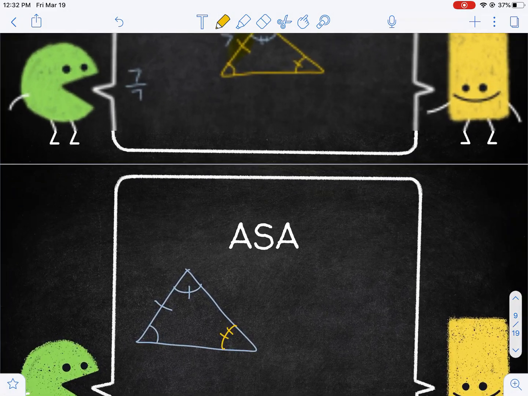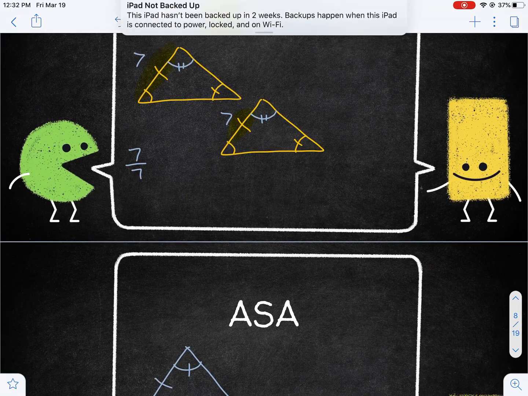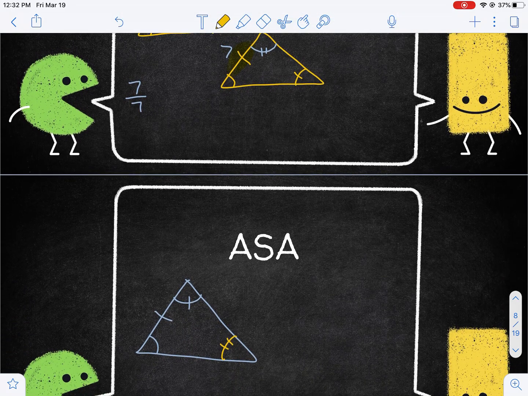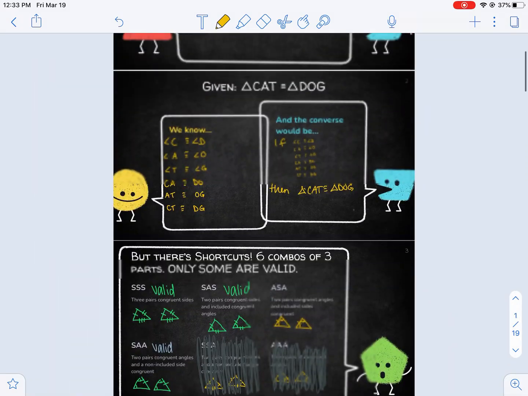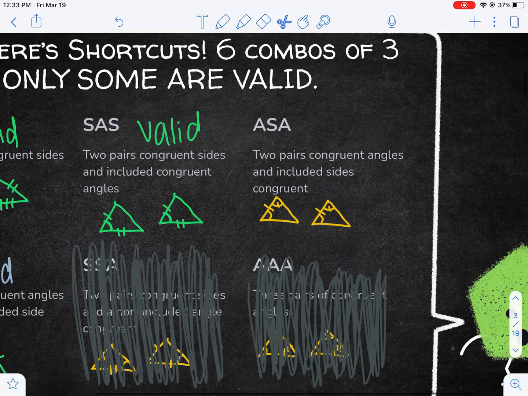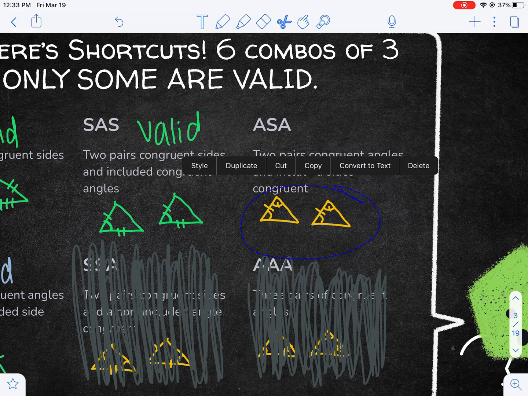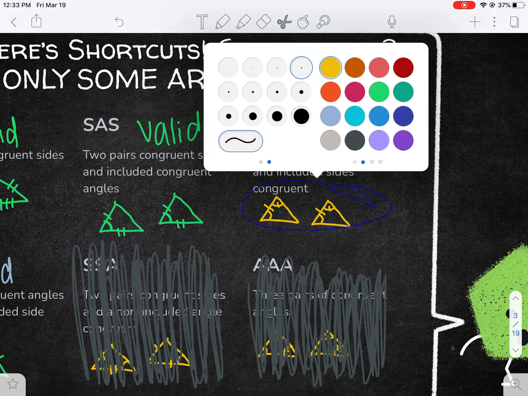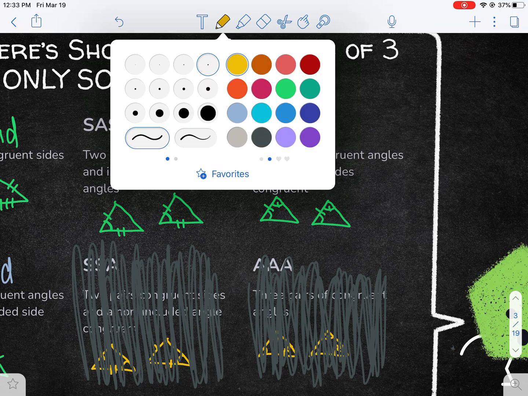And then I have the exact same scenario that I had with side, angle, angle, where they're similar, and by having one side congruent, the whole thing must be proportional and congruent as well. Okay, so angle, side, angle is also one that works. So I'm going to color code that one green.